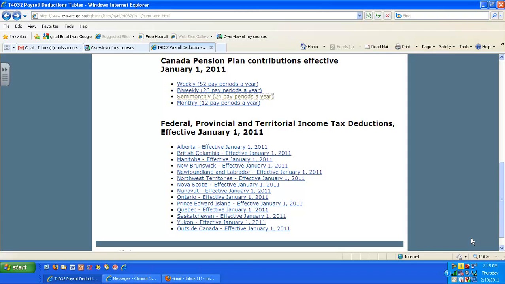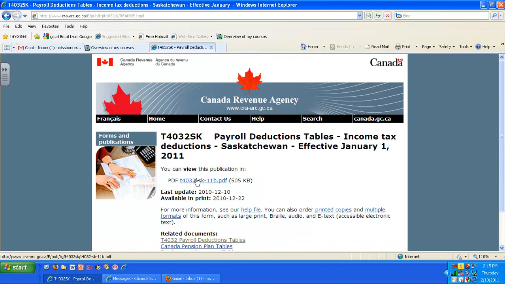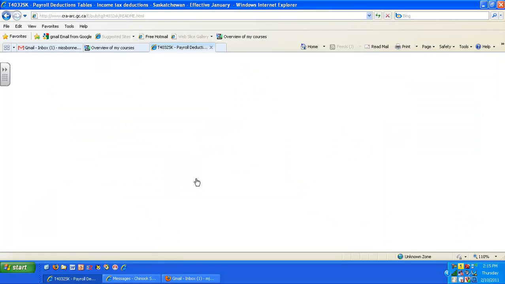The next thing that we are going to learn how to determine is our amount of federal and provincial income tax deductions. Now, the majority of the ones that we do will be based as if we are living in Saskatchewan. So we're going to click on Saskatchewan, and we're going to click on the PDF file.